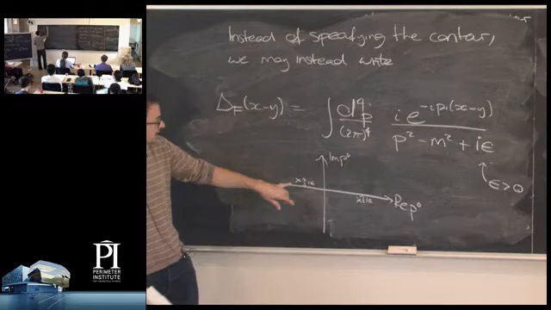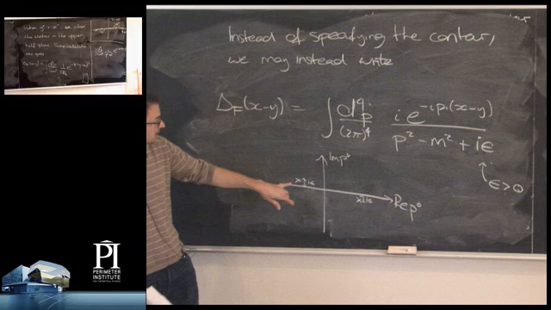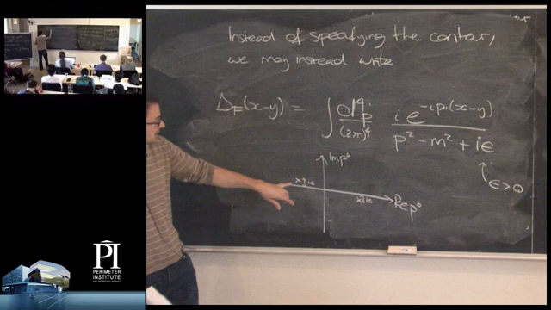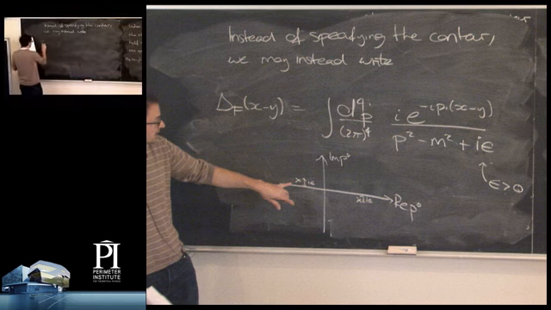So instead of specifying the contour, it's sometimes useful to write Delta F for Feynman is the integral of d4p.